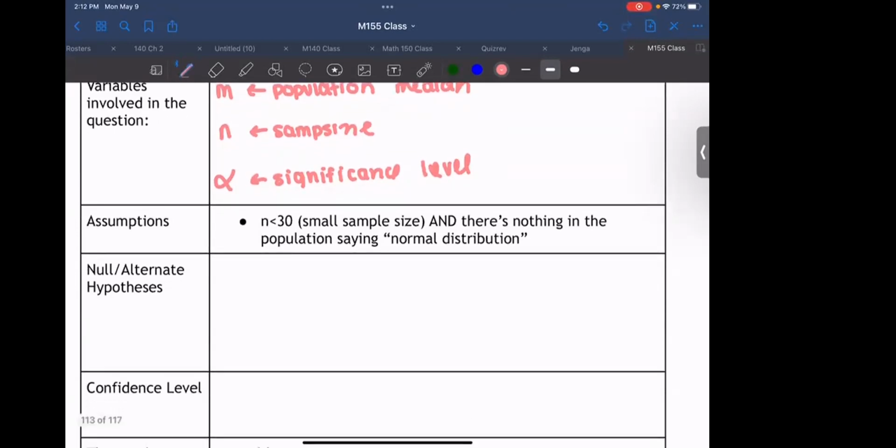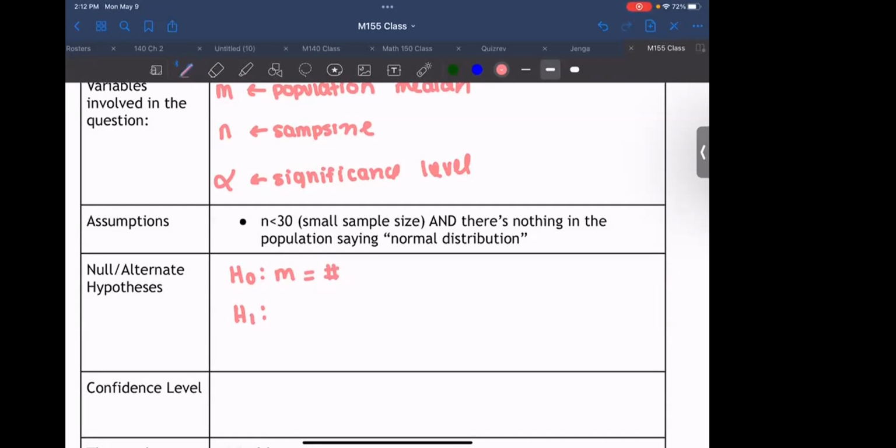Null and alternate hypotheses are going to look a little bit different. We're still going to have the same symbols, right? H0 and H1. Remember, with one sample hypothesis testing, we had mu equaling a number. In this case, it's going to be M equaling a number, since we're talking about the median.